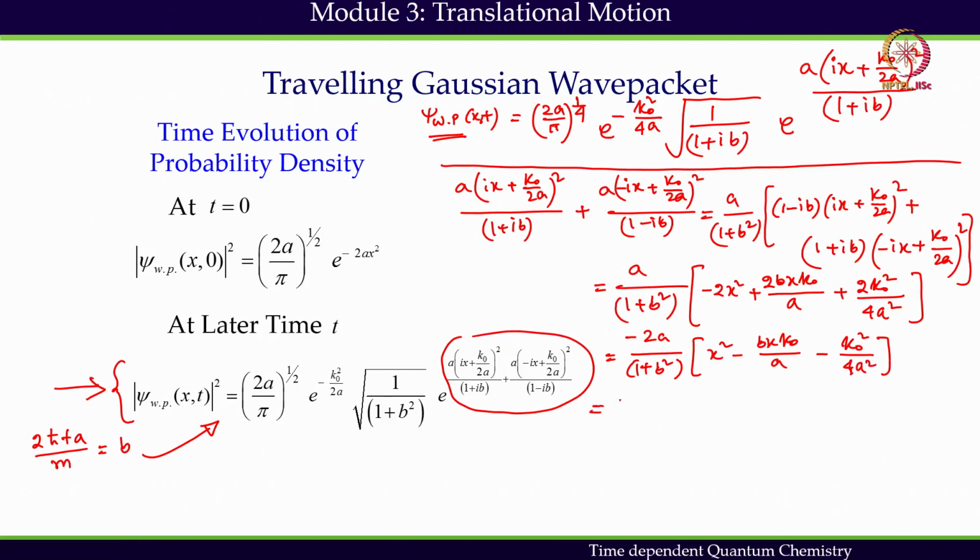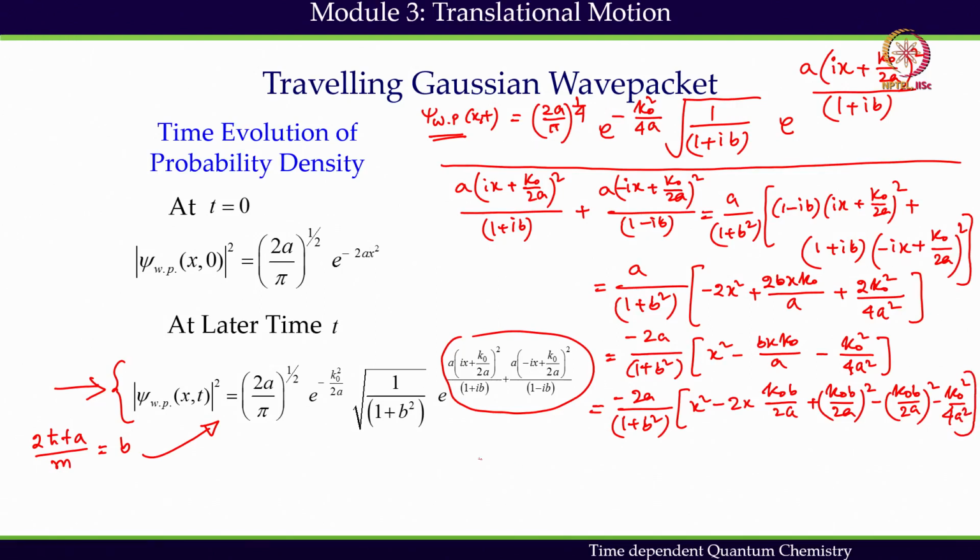This can be written as minus 2a by 1 plus b square x square minus 2x k naught b by 2a plus k naught b by 2a whole square, minus k naught b by 2a whole square, minus k naught square divided by 4a square.